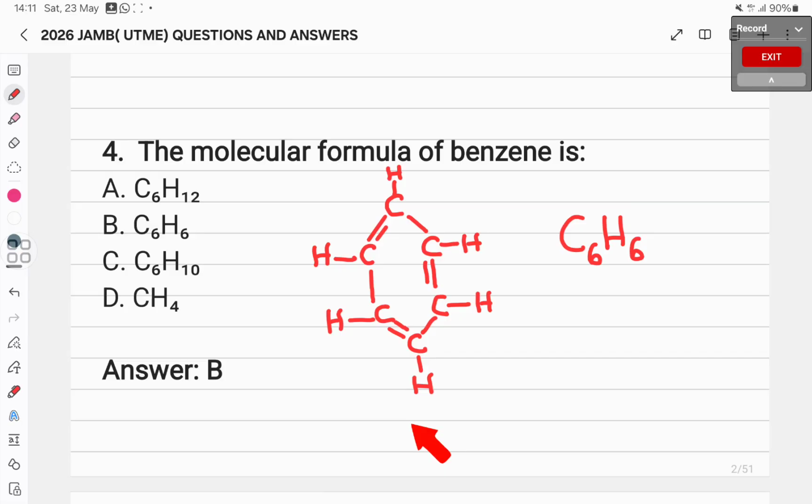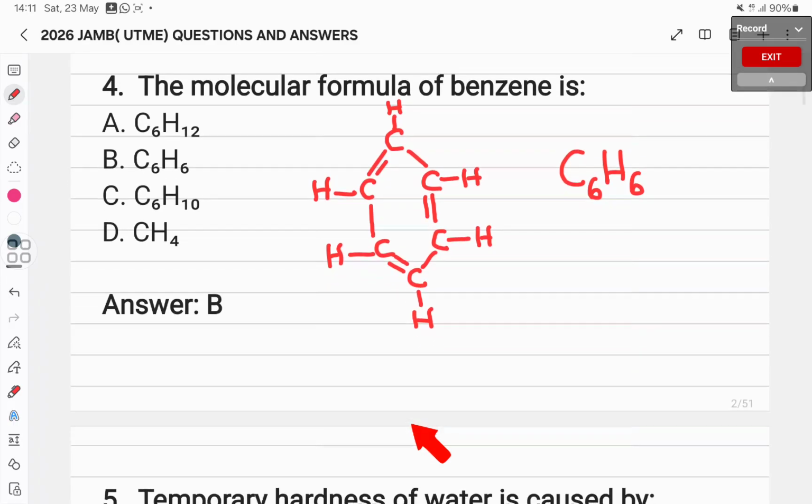Cyclohexane is C6H12, and it shares the same formula with a normal straight chain hexene, C6H12. Option C is not benzene. Option D is an alkane. That is a saturated hydrocarbon, which is specifically named as methane. So for this question, the correct molecular formula of benzene is option B.